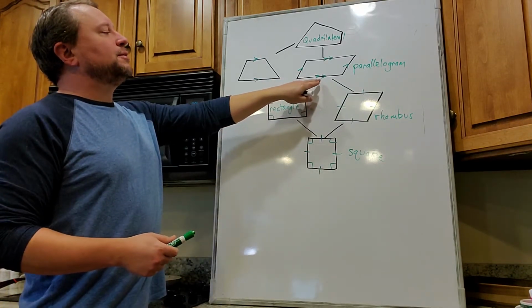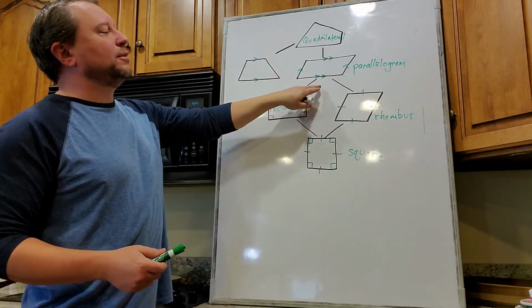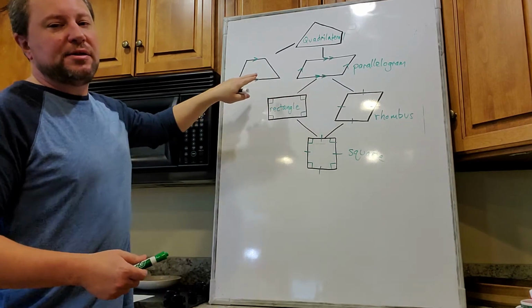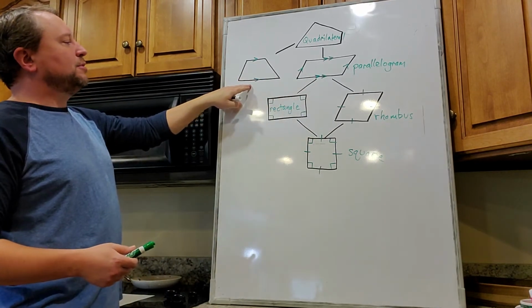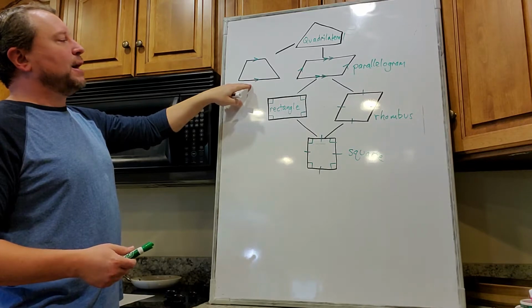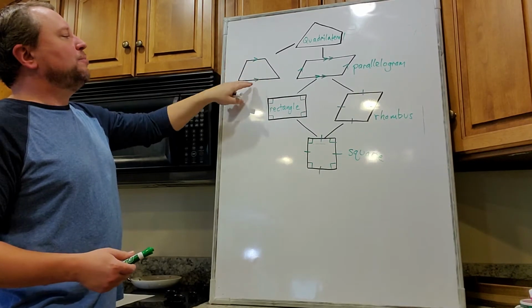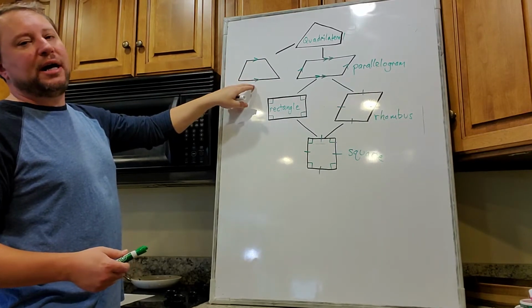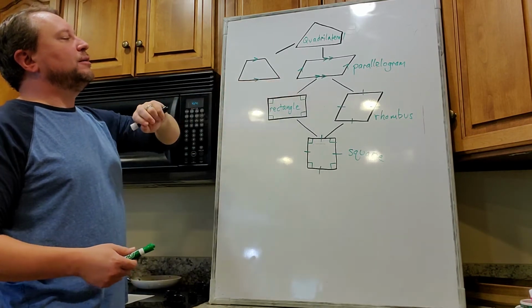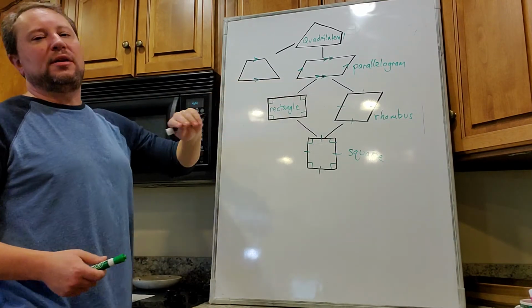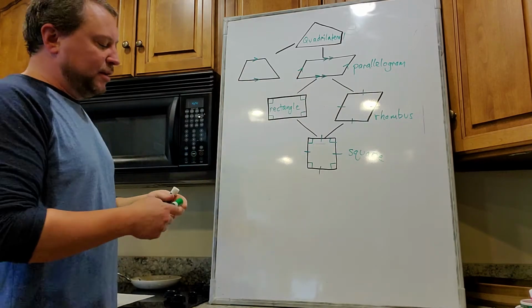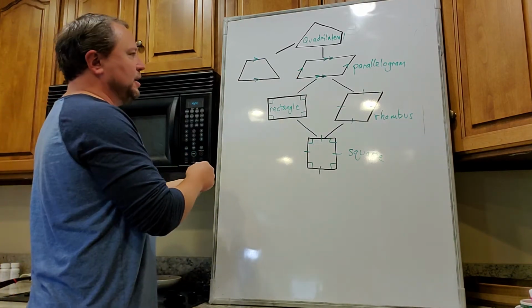So instead of having two sets of parallel sides like a parallelogram, its little half brother or half sister is this trapezoid. It only has one pair of parallel sides, so it's only accomplished half of what the parallelogram has, you might say. But anyways, that's called a trapezoid.